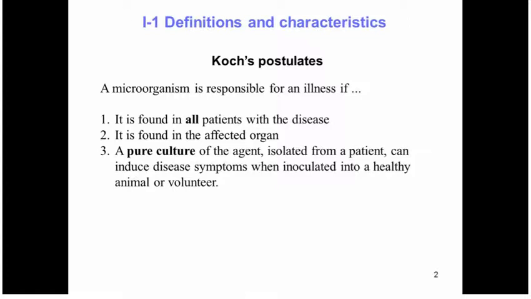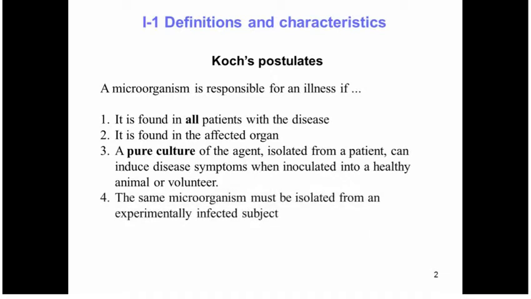And this way you can prove causality. And then, the cherry on the top, you should be able to re-isolate the same organism from the experimentally infected subject. And if you can perform all of these experiments, you've really proven that your infectious agent is causing the disease. And this is true for bacterial infections, fungal infections, and viral infections.